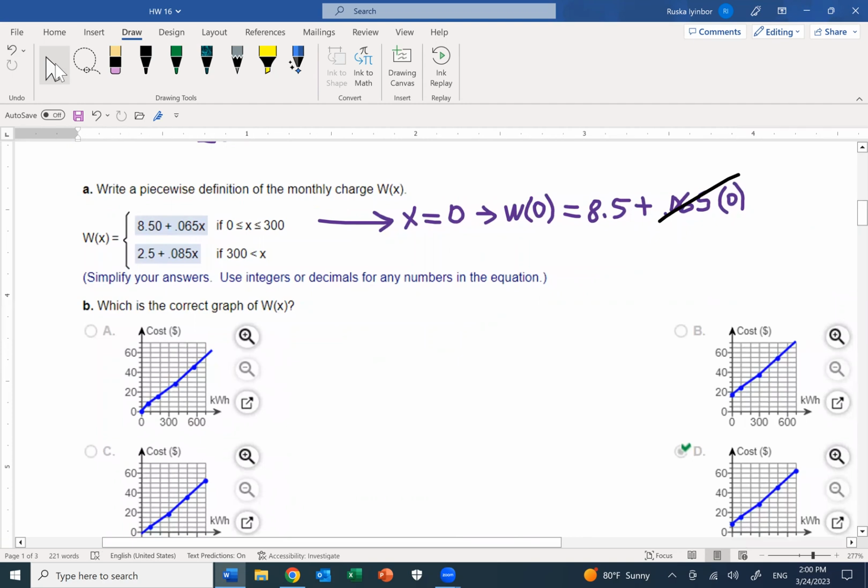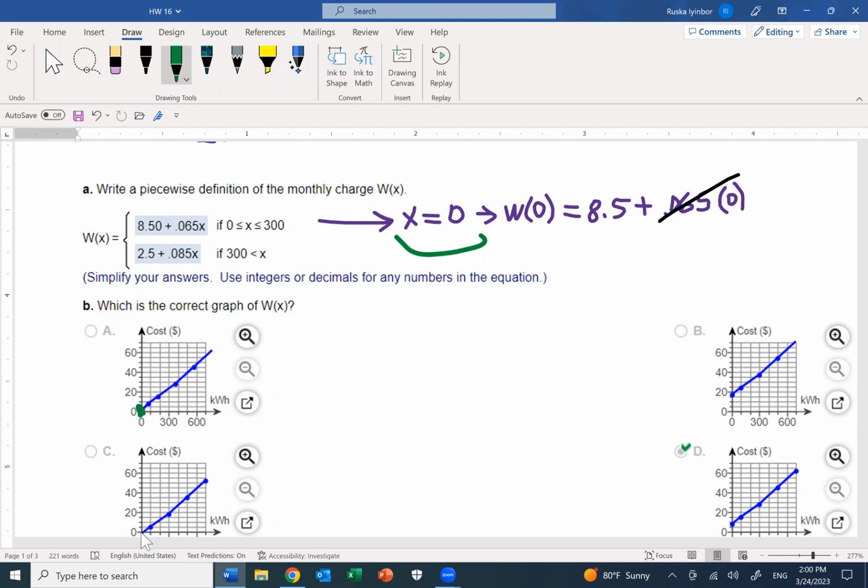Then after that, we need to pick which one of the graphs given here is the correct one for this piecewise function. What you need to do is use X equals 0. You need to see where the Y-intercept is going to be, because that's what is different on these graphs. The first graph here starts at 0, 0.